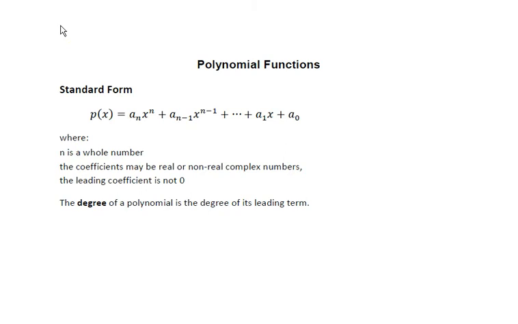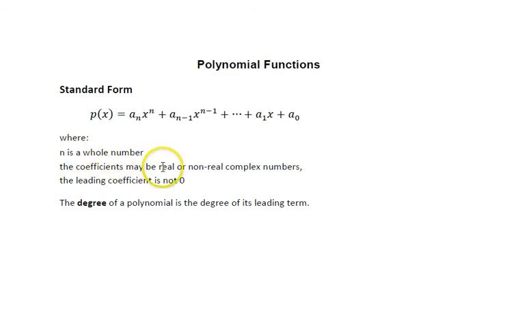A polynomial function in standard form is shown here. P of x is a sub n, x to the nth power, plus a sub n minus 1, x to the n minus 1 power, etc., all the way down to a sub 1, x to the first power, the linear term, plus the constant a sub 0, where the exponent of the leading term is a whole number.